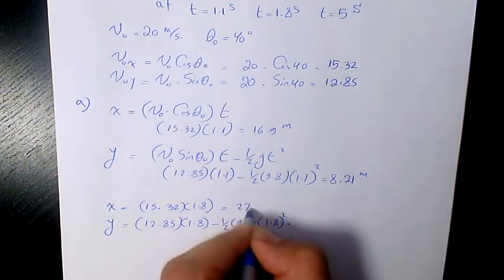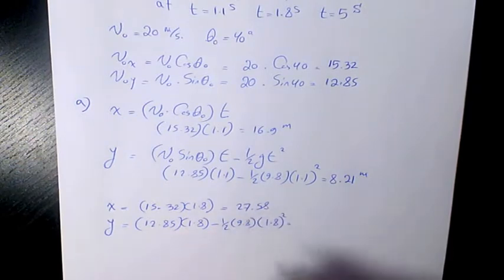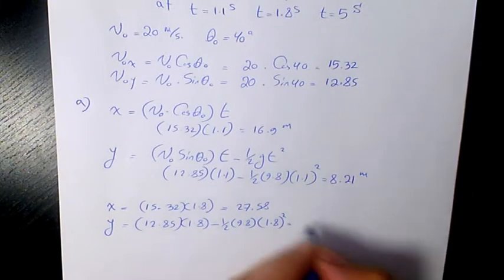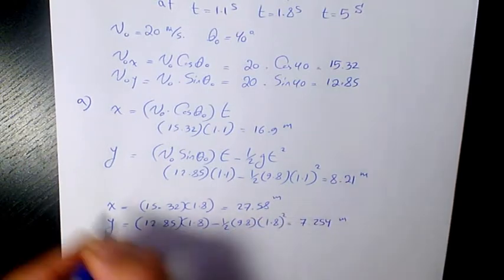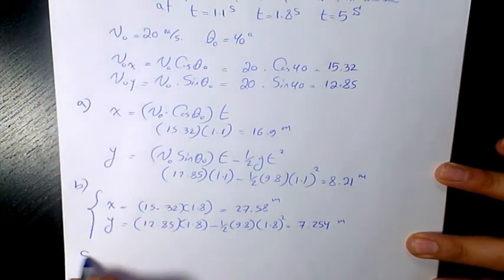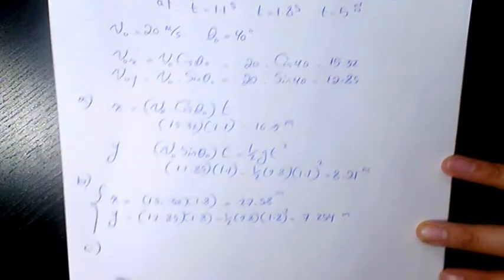That will be 27.58. And for y, we have 7.254. And that's part B. Part C is when the time is 5.